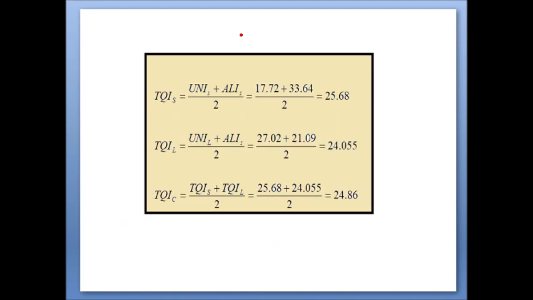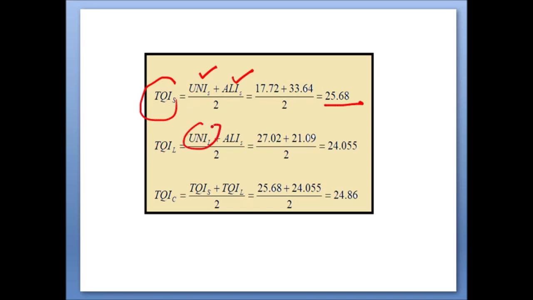Now I am calculating TQIS, the TQI using short chord. UNIS plus ALIS divided by 2, so 17.72 plus 33.64 by 2, which is equal to 25.68. So you got the track quality index over short chord.